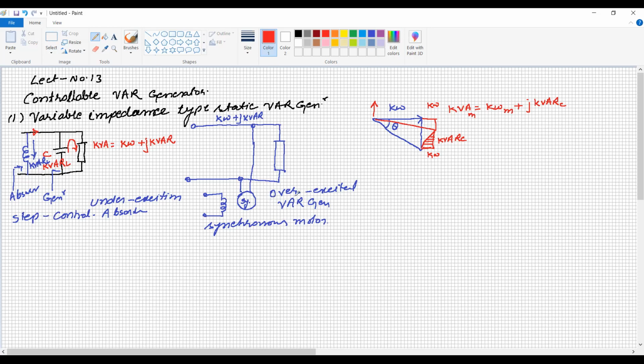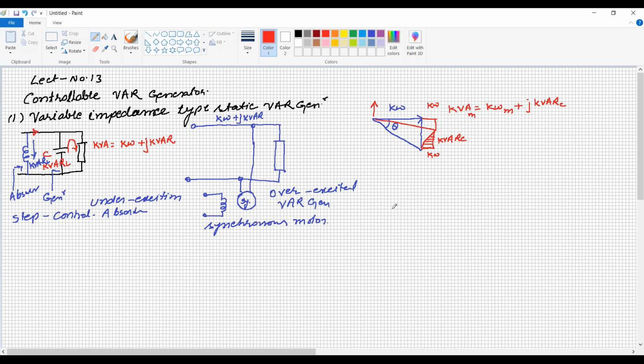So nowadays, instead of this, thyristors or power semiconductor devices are used. A number of thyristors can be connected, and the thyristor is controlled with the help of delay angle, which we have learned in power electronics, or their conduction angle, by controlling the conduction angle or delay angle.